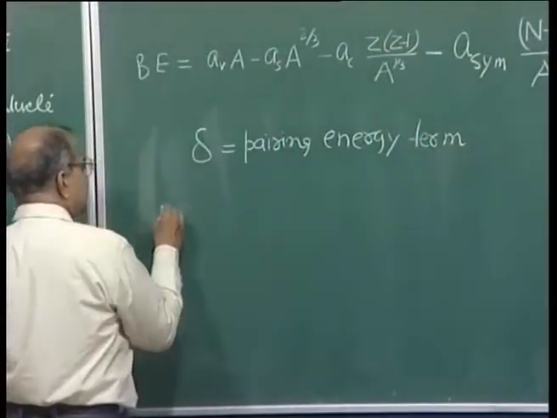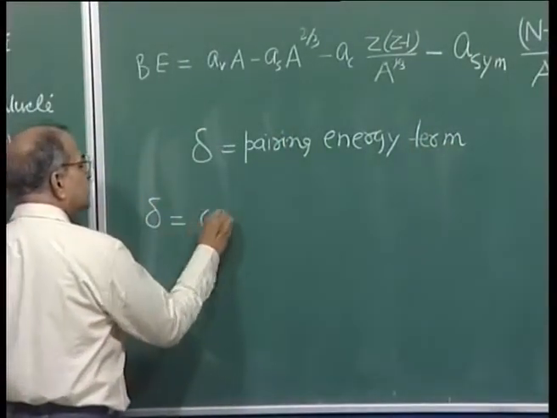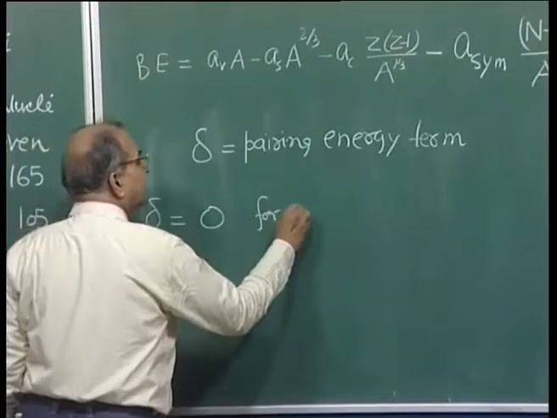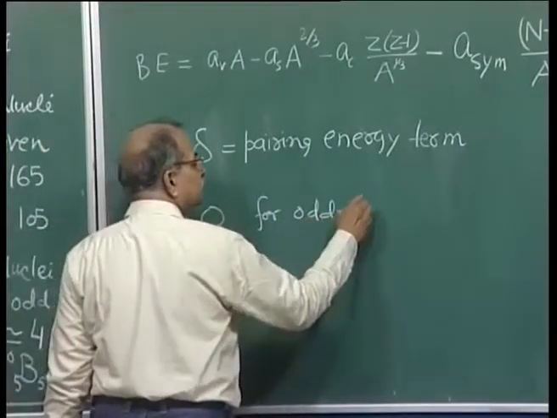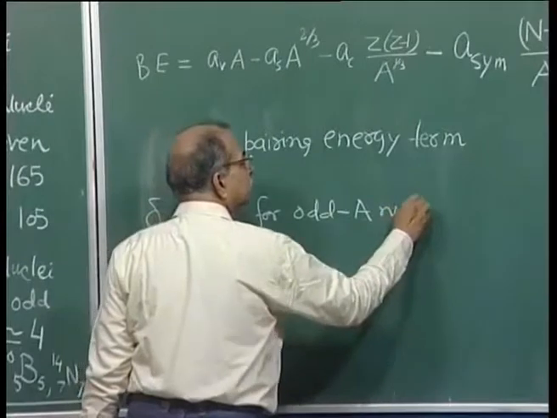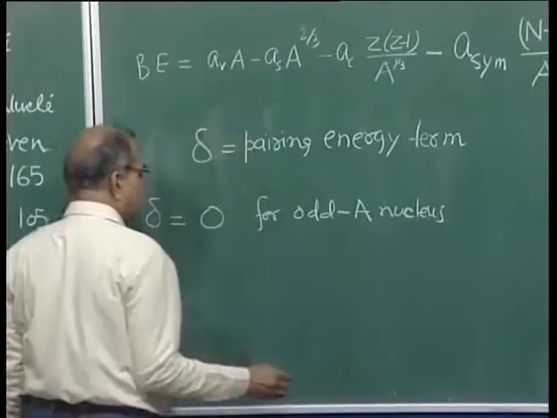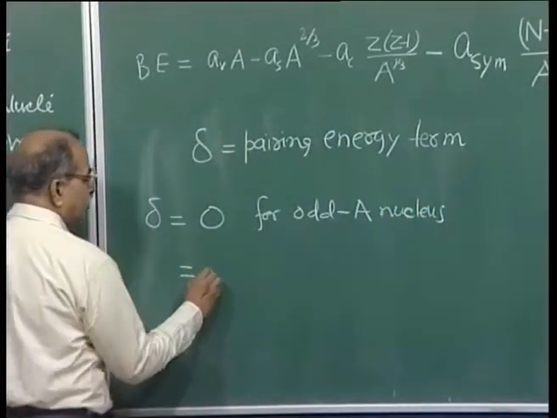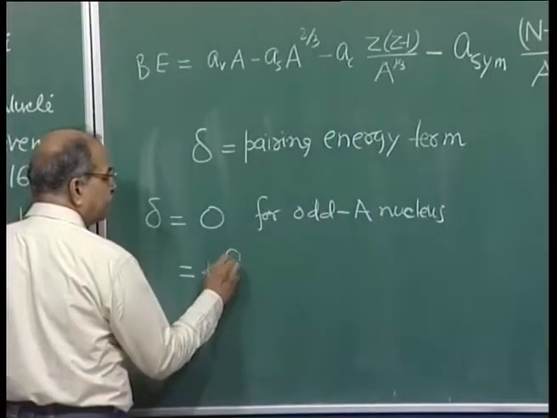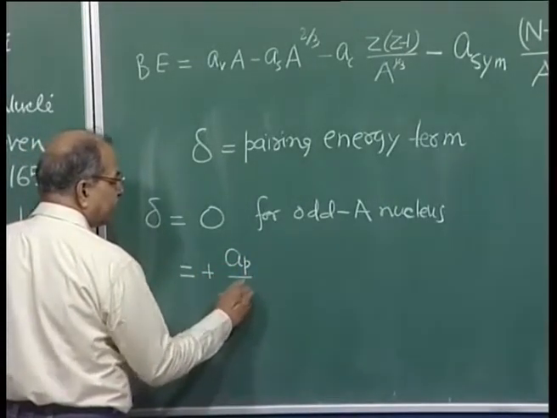You write delta equal to 0 for odd A nucleus, and you write plus a_P over A^(3/4) for the other case.